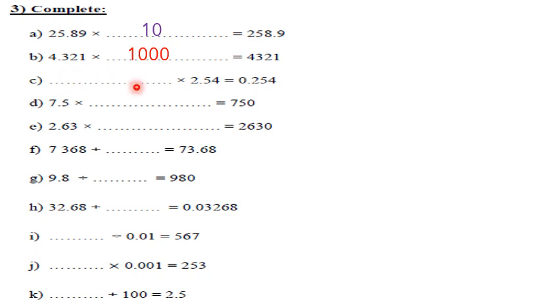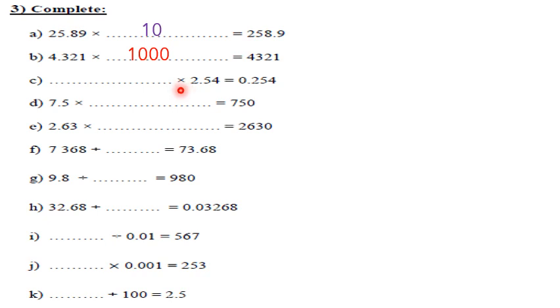Number C, what is the number that is multiplied by 2.54? Give me 0.254. What do you see here? That the decimal point moved one place to the left. That means it's crazy, to move to the left by the multiplying sign here.